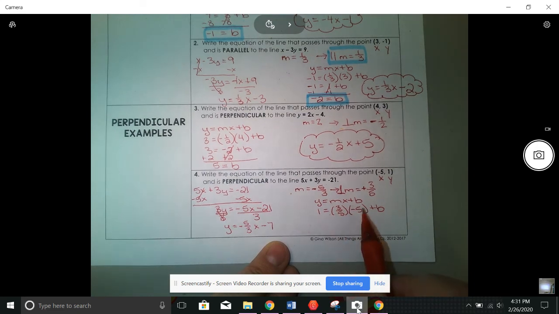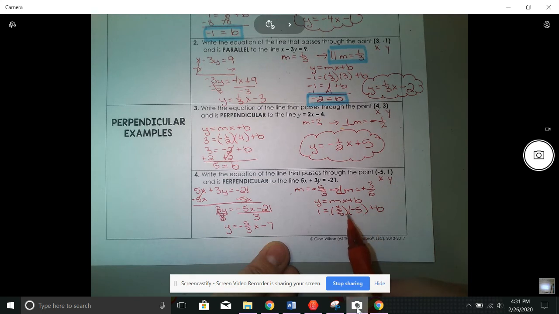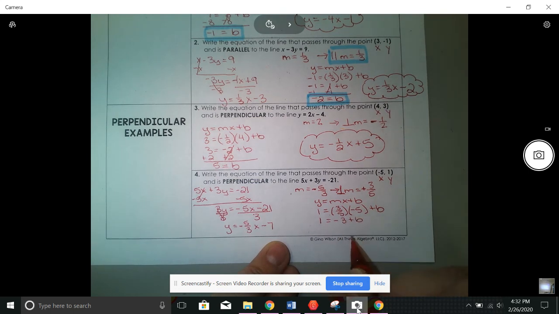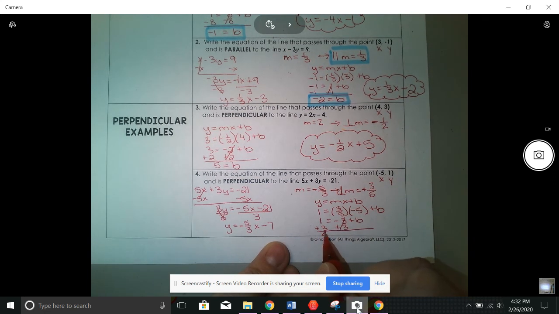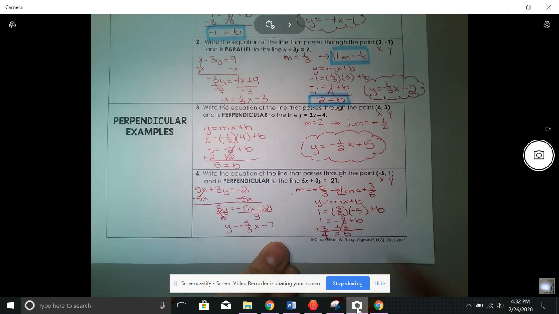Don't get stressed out about this. Use a calculator or recognize that the 5 on the bottom and the whole number 5 will cancel out. 3/5 of negative 5 is negative 3. Solve for b by adding 3 to both sides. And I'm going to get 4 is equal to b.